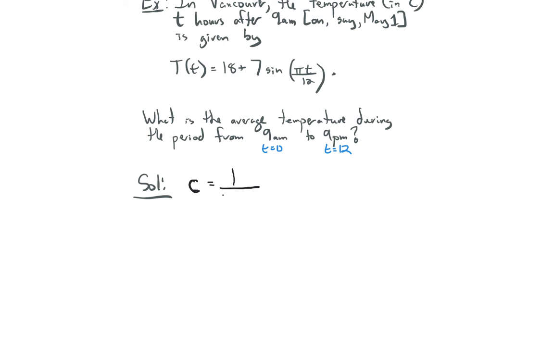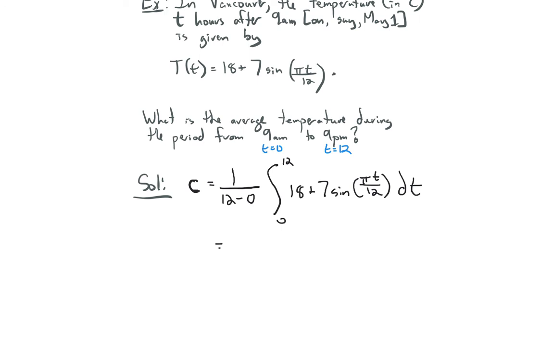So it's going to be 1 over 12 minus 0, or 1/12, times the integral over that region from 0 to 12 of our function, 18 plus 7 sine of pi t over 12, dt. And then it's just a matter of simple integration here.